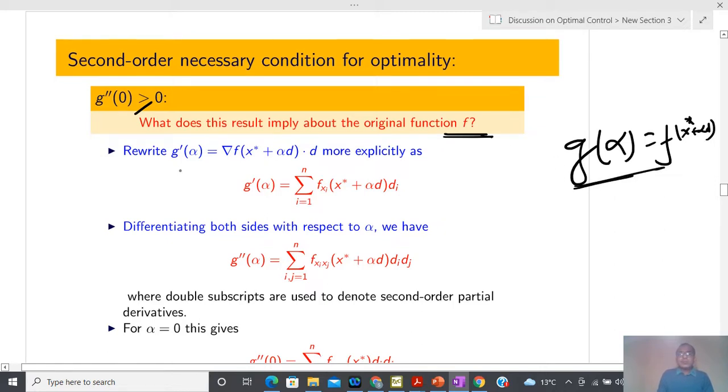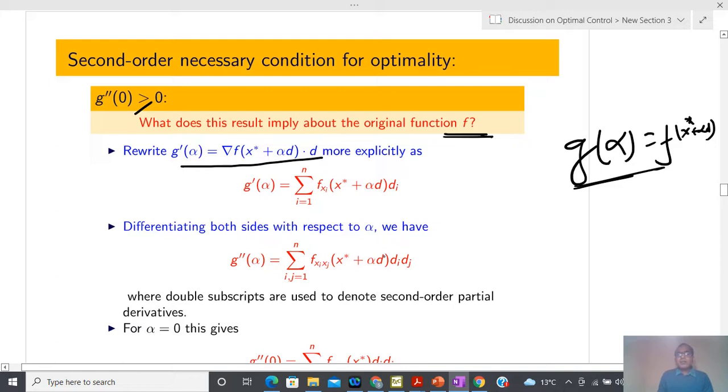In the previous class I have seen that if you take one time derivative, that is the gradient, and after that the inner product with d. Now I am going to take the derivative again with respect to alpha two times. If you take two time differentiability, then two time partial derivatives come into the picture.